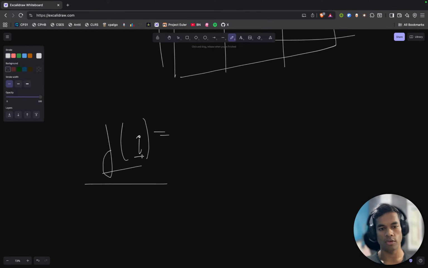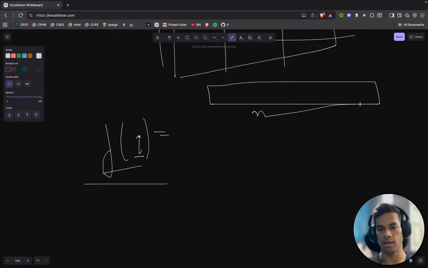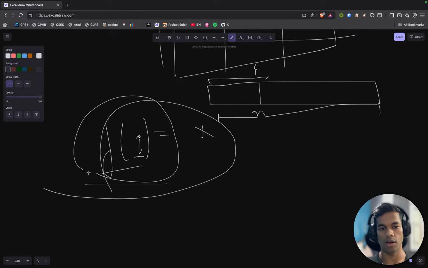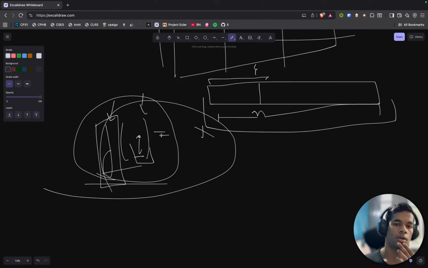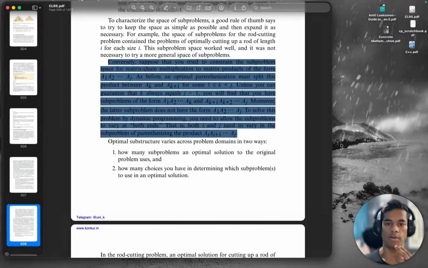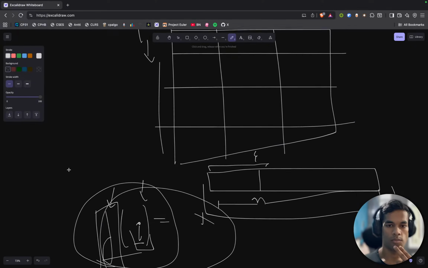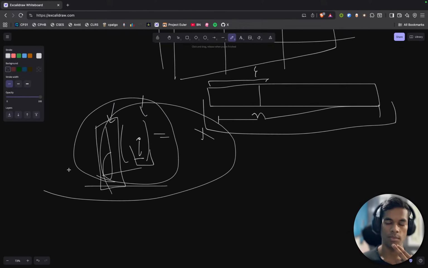Our solution only depends on a single integer, which says in our array of length n, if we are only choosing the first I elements, what is the length of the longest increasing subsequence? So here we can say our subproblem space is one-dimensional because our subproblem function only depends on a single factor. That is going to help a lot. One-dimensional and two-dimensional.